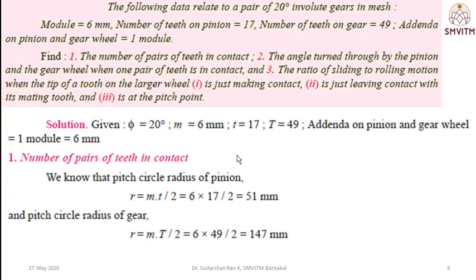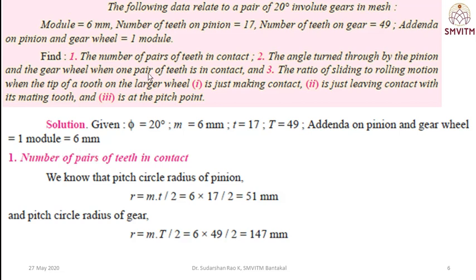Let's solve the problem. The first problem: the following data relate to a pair of 20-degree involute gears in mesh. Module is 6 millimeter. Number of teeth on the pinion is 17 and on the gear is 49. Addenda on the pinion and the gear wheel is 1 module, that is 6 millimeter.